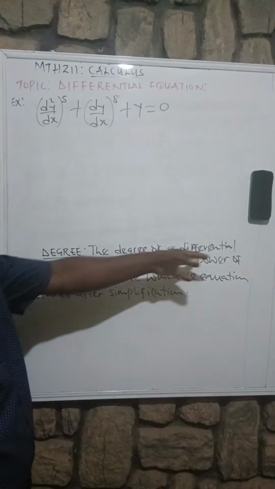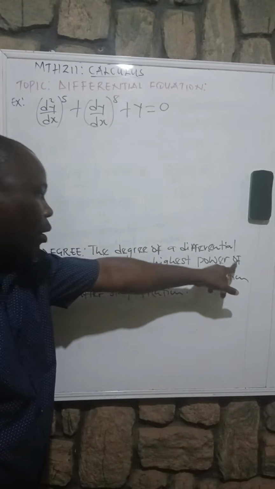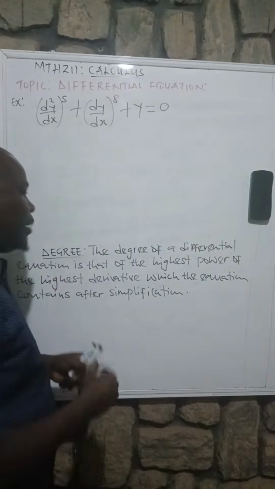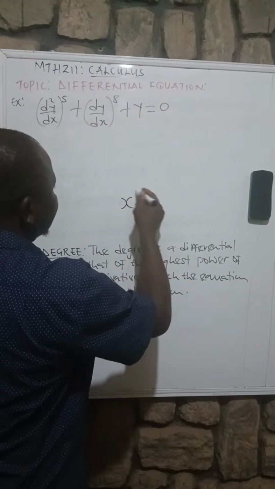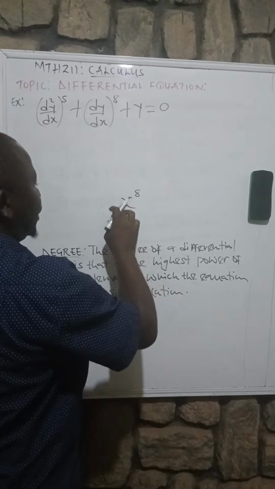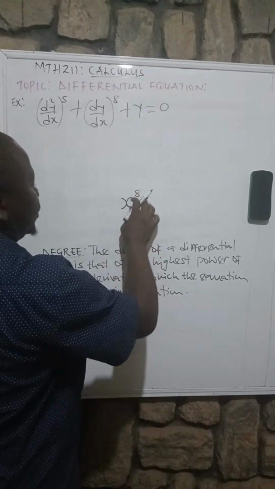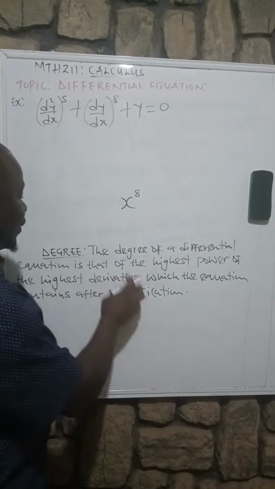The degree of a differential equation is that of the highest what? Power. Highest power. What do you mean by power? Power means when you have either x raised to, this is power. The power of x is what? 8, right? Of the highest derivative.